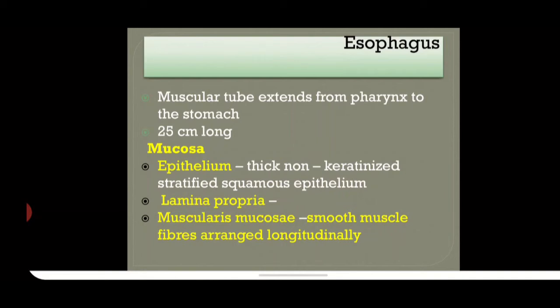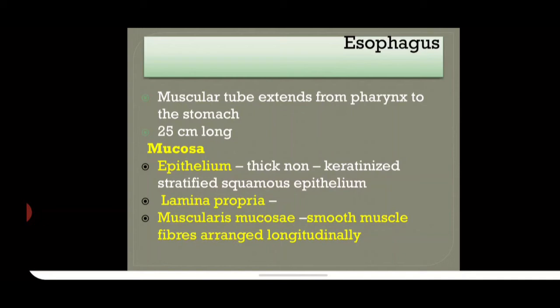You should think why this epithelium is present in the esophagus when the other parts of the GIT have simple columnar epithelium. The reason is the esophagus is the uppermost part of the gastrointestinal system next to the pharynx. So it will be subjected to all the types of food we eat: hot, cold and spices.